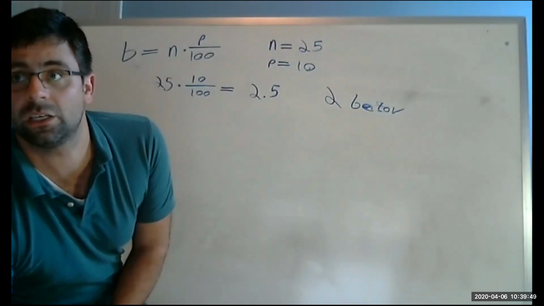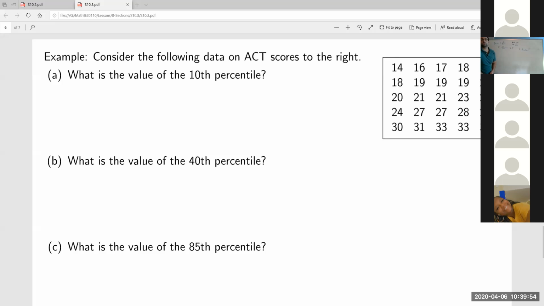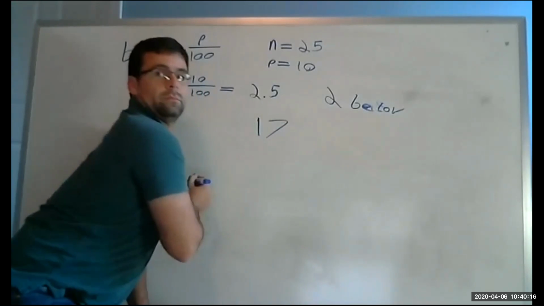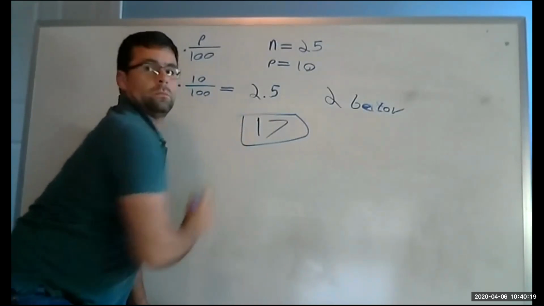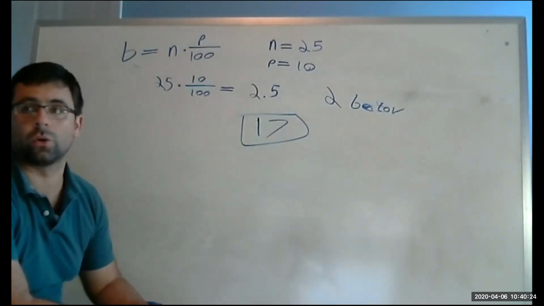We're probably about to get cut off. So what value is third in the list? So it is 17, because it's the third one in the list.